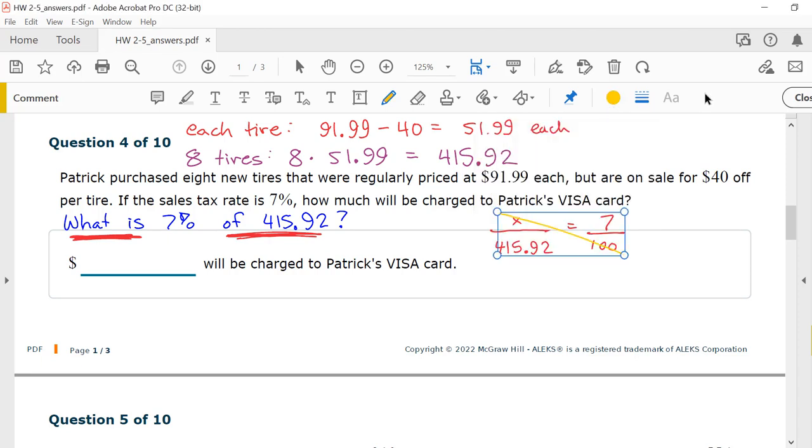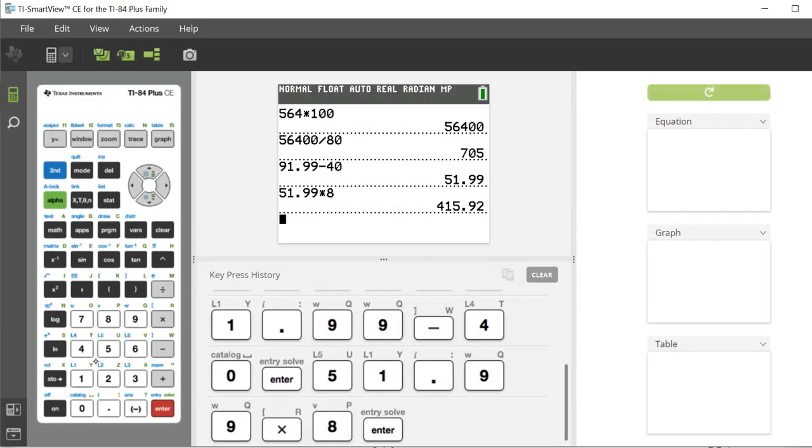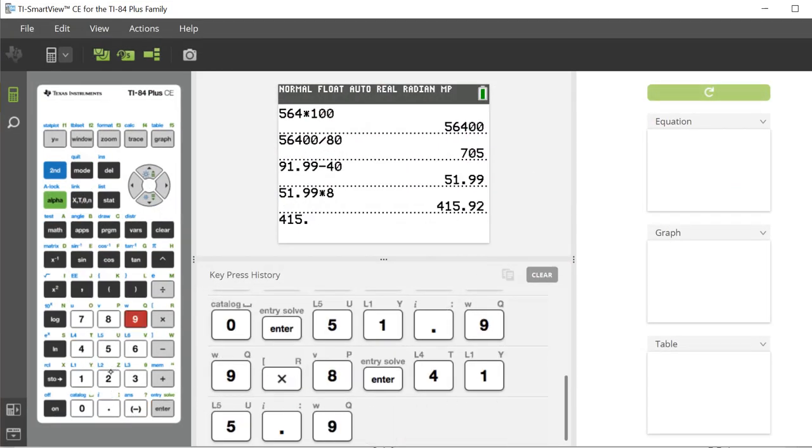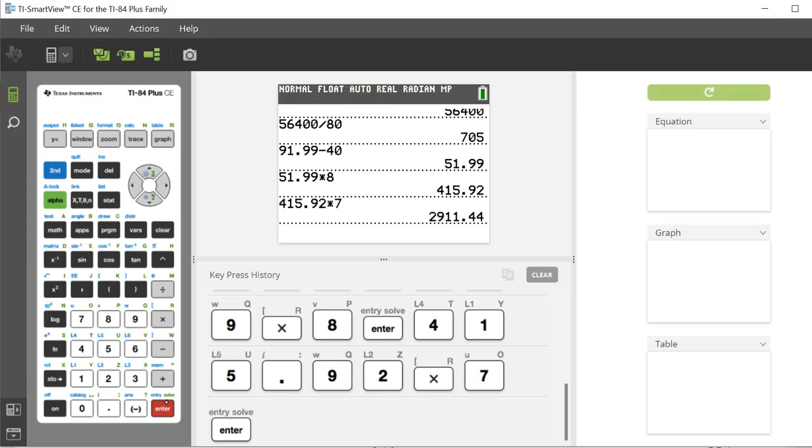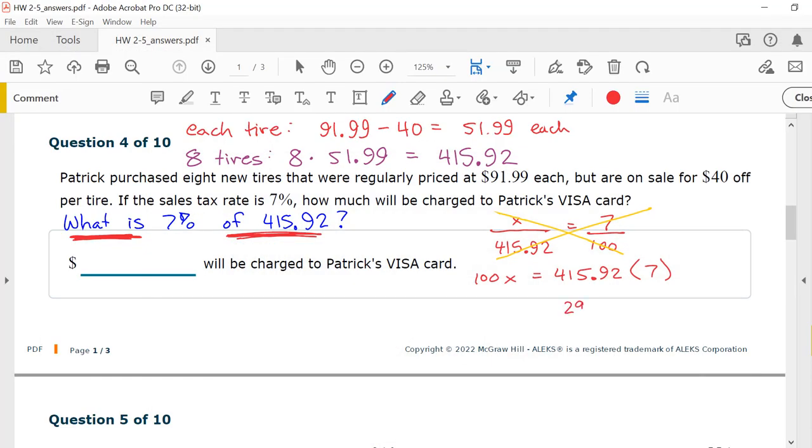Cross multiply: 100 times x equals 415.92 times 7. 415.92 times 7 is 2911.44, and that's going to equal 100x.